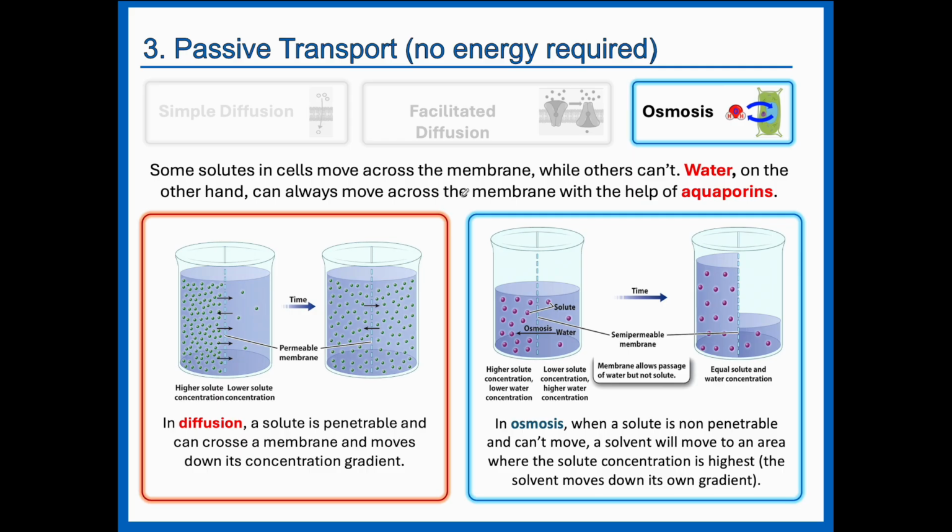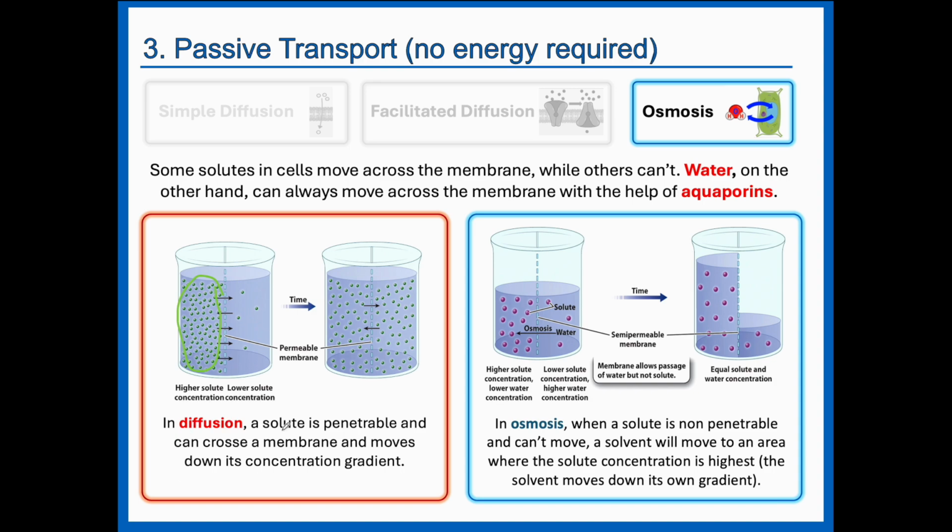Now, water is a little special though, because water can help us with different gradients, okay? So, for instance, some solutes in cells move across the membrane while others can't, right? Water, on the other hand, can always move across the membrane with the help of aquaporins. So, in diffusion, for instance, here I had these green little molecules. Pretend this is a cell membrane, and this is a high concentration and a low concentration.